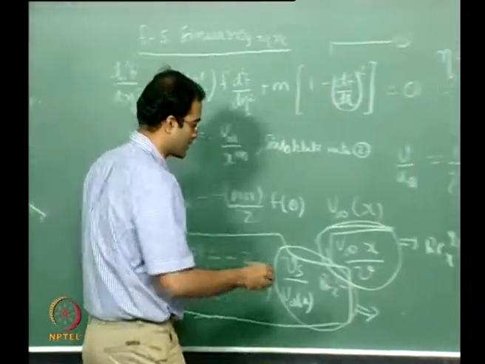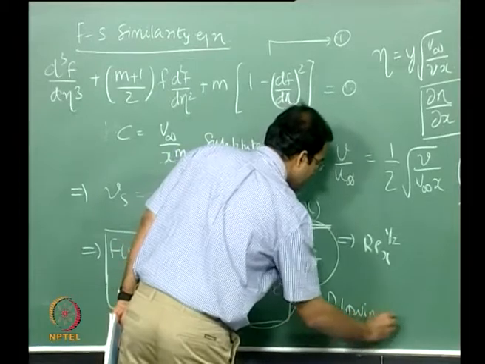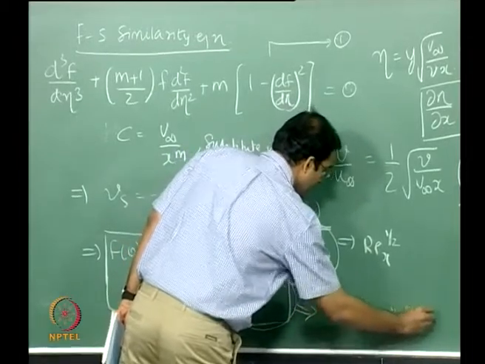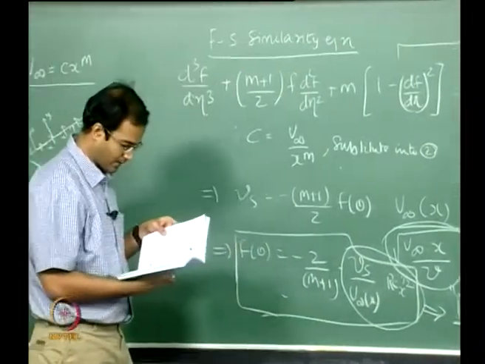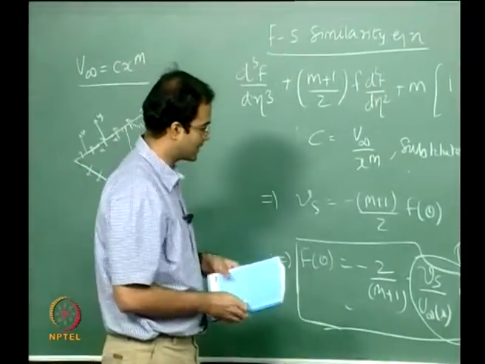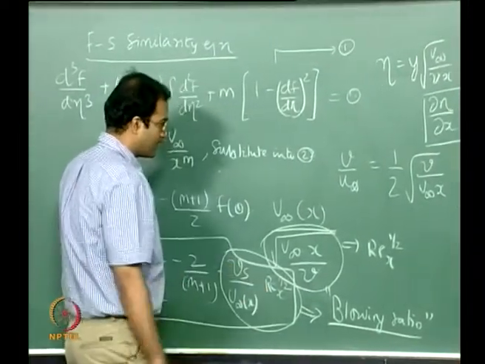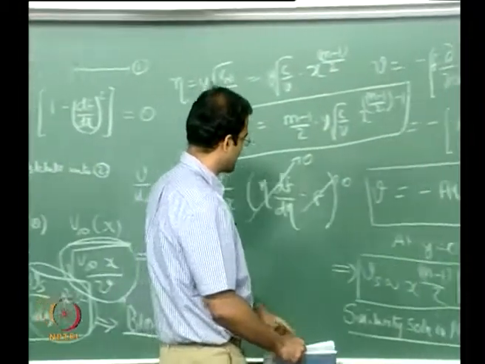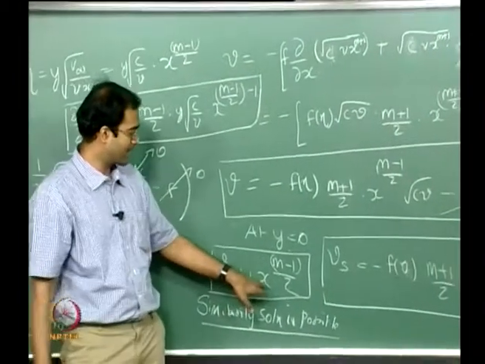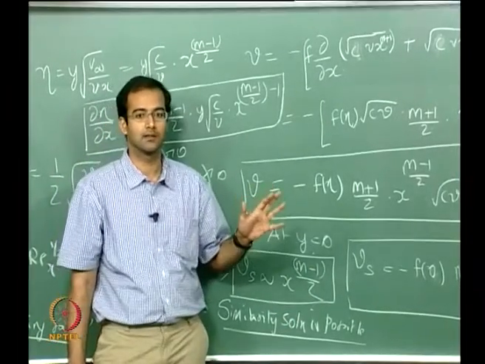This ratio is called the blowing ratio. You can give some other notation to that, I do not want to give anything, I just want to describe Vs by u infinity into Rex, which is nothing but your blowing ratio, which means that is something like ratio of V by x power m minus 1 by 2, which is nothing but some constant.